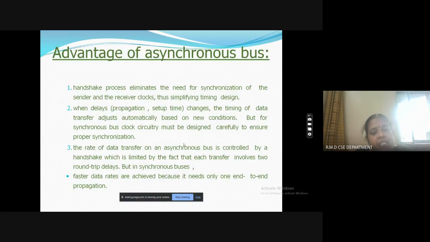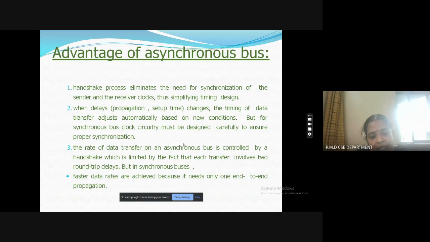The advantage of the asynchronous bus is that the handshake process eliminates the need for synchronization of the sender and receiver clocks, thus simplifying the timing design. The timing delay is reduced by the asynchronous bus. When the propagation delay or setup time changes, the time of the data transfer adjusts automatically based on the new condition.